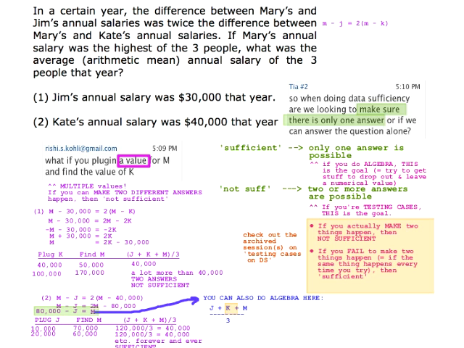So that's j, and then k is just 40,000, and then m is 80,000 minus j. Oh, hey, look, the j's are gone. And so that's a single number, which makes it sufficient. And you don't even have to bother calculating what the single number is.